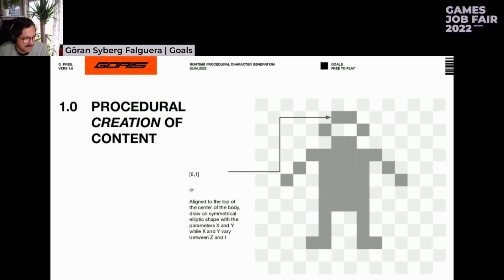The body has to be defined as well as the rest of the character, so that we can find the interesting points to draw on. But the thing here is that now we can vary just these two parameters and create large numbers of characters.